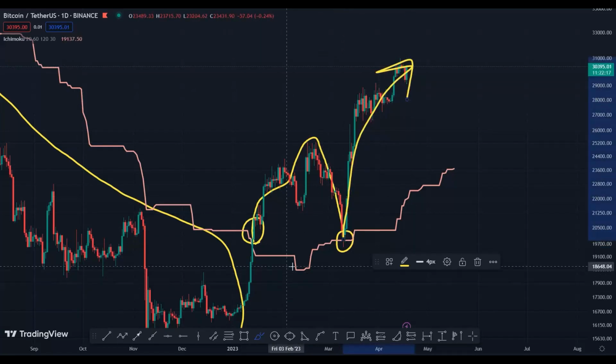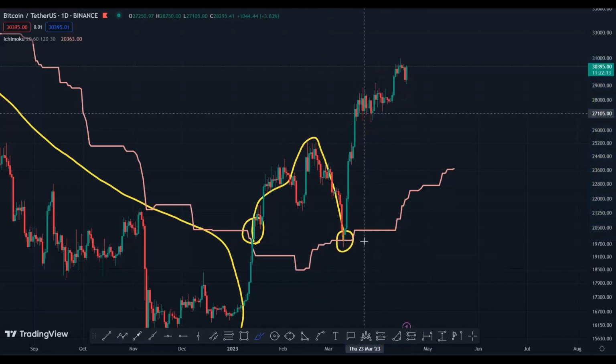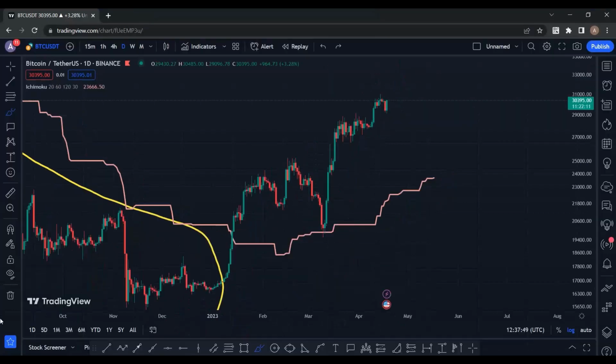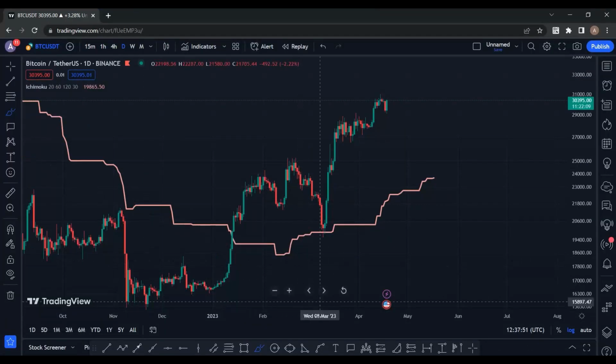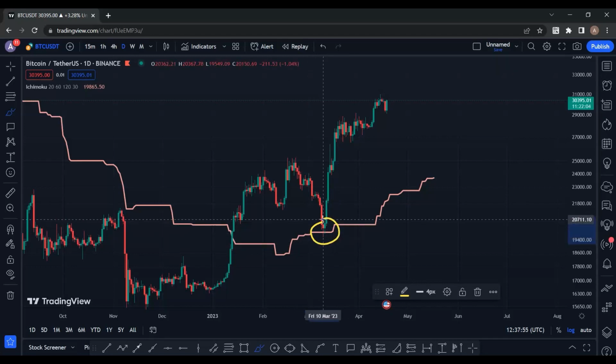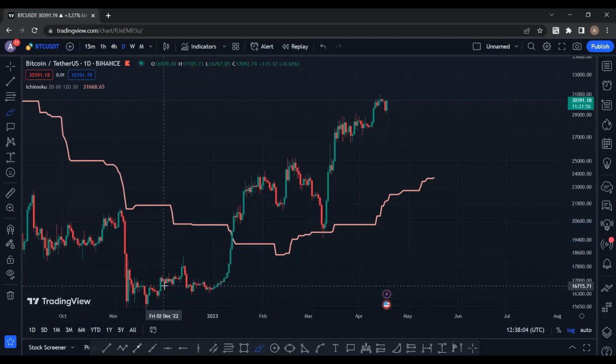So it acts as a beautiful and strong support during this previous uptrend for Bitcoin. If you knew that, around here you can even open a long position and put your stop loss below it. Senkou span B is a very strong support or resistance.